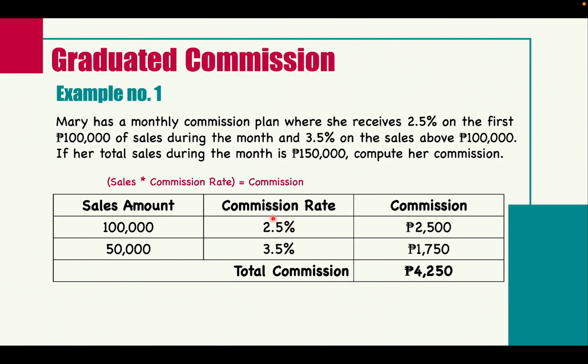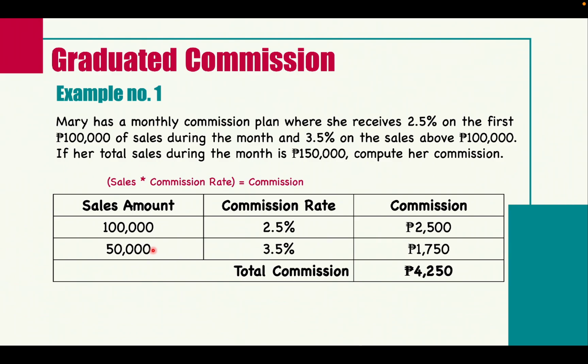Okay? And then, magkano na lang yung magiging commissionable sales for 3.5%? Of course, iaawas natin yung excess, kasi nakalagay sa condition, yung sales lang above 100,000 ang makakasama dun sa 3.5%. So, iaawas natin yung 100,000 sa 150,000 total sales niya, kaya 50,000 na lang.